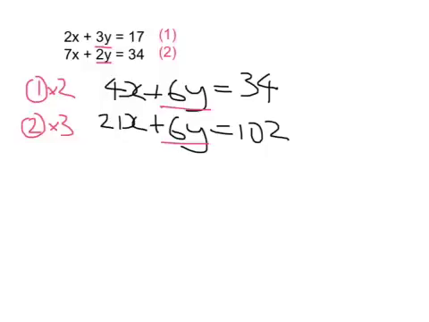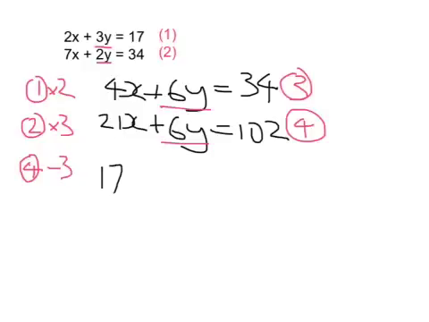If I call this equation number 3 and this one number 4, we'll subtract the smallest from the largest, so we'll do 4 take away 3, and that gives us 17x.